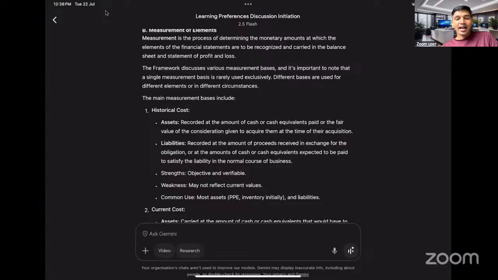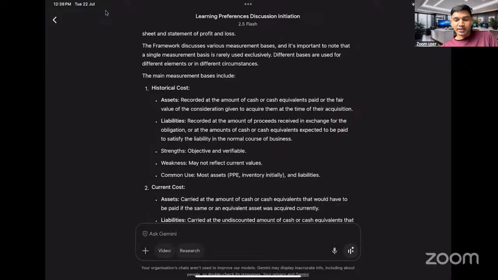Historical cost: assets, liabilities, strength, weaknesses, common use. Assets are recorded at the amount of cash or cash equivalent paid or the fair value of the consideration given to acquire them at the time of their acquisition. Liabilities are recorded at the amount of proceeds received in exchange for the obligation, or at amounts of cash or cash equivalents expected to be paid to satisfy the liability in the normal course of business.